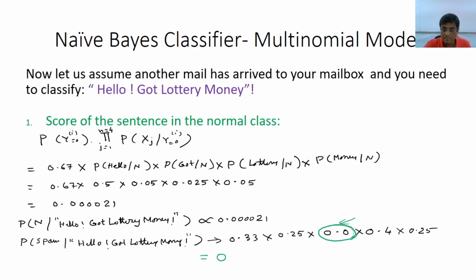So my naive Bayes algorithm collapsed. It is not robust in the present form, because assigning a 0 probability is a very bad idea for naive Bayes to work. So we need to do something.